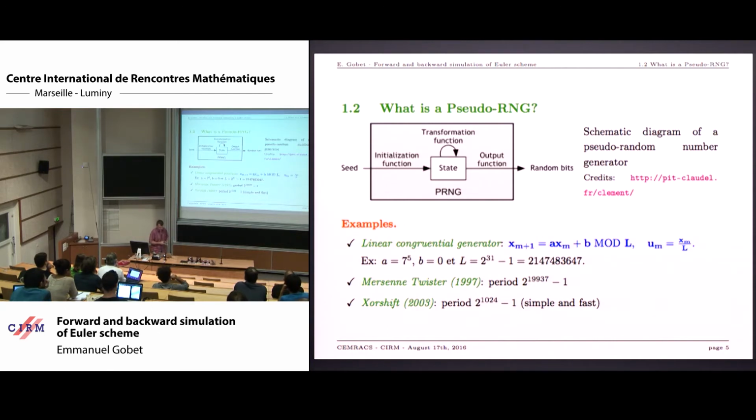It behaves like a pseudo random number generator, so it succeeds in having all the statistical properties you like to have. This is just a sequence, and each time you call this black box, you have a new number, and so on and so on.